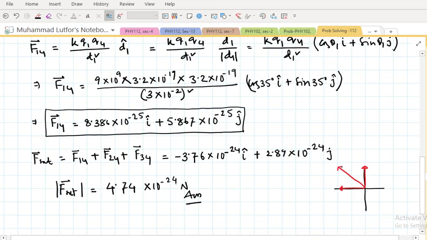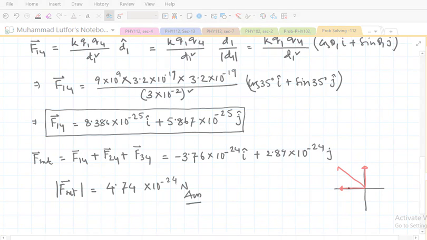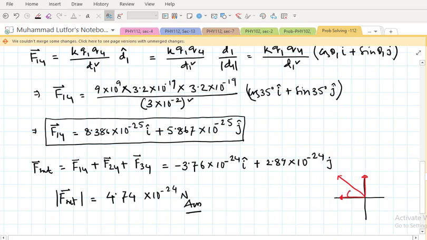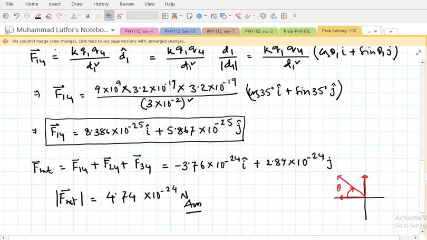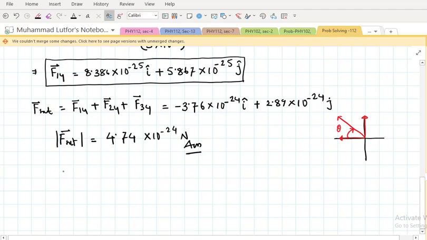If I find the angle using that formula, this will be your angle theta. Theta would be tan inverse of y by x.